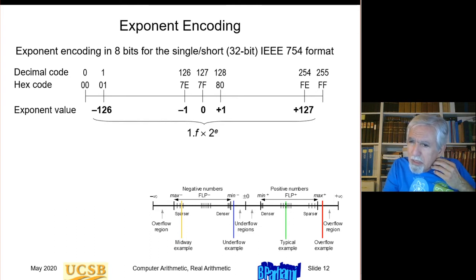In the middle you see the ordinary floating point numbers that are of the form 1.f times 2 to the e.